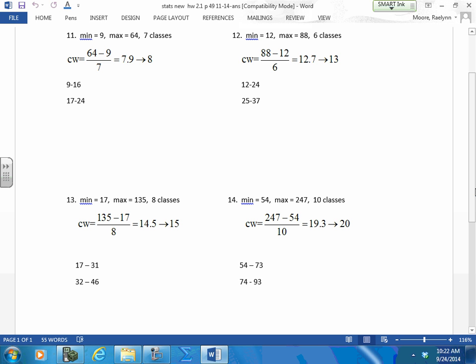Your class width was 8. Your class width is right here, right? Now, what's the next one down? If you add 8 to this, what do you get? So therefore, you have 20. When you do this, it's technically like if I say 5, 7, it looks like 5, 6, 7.